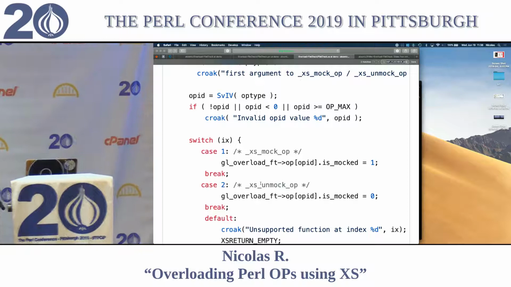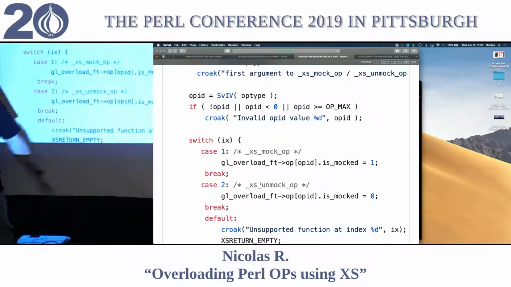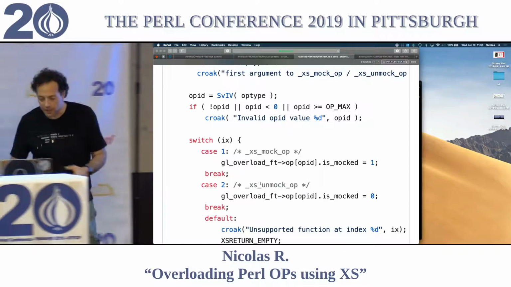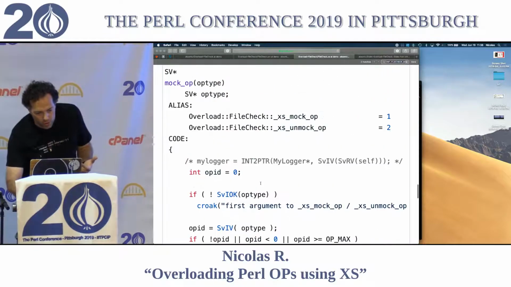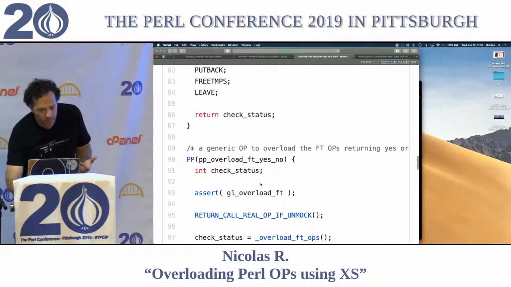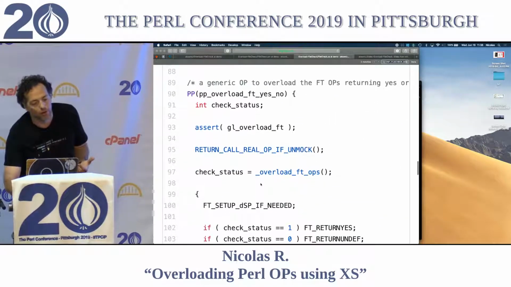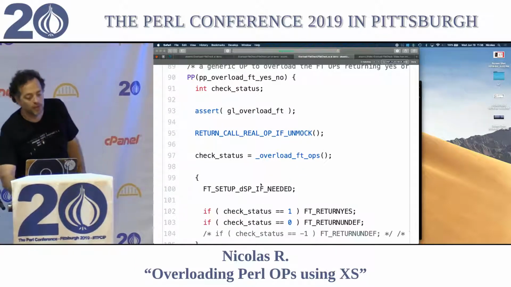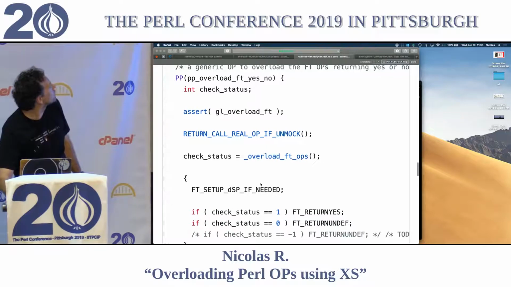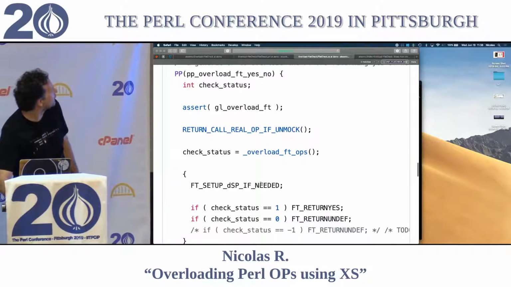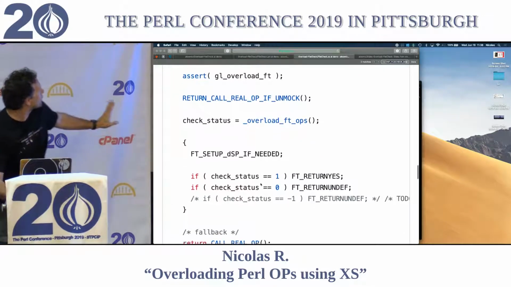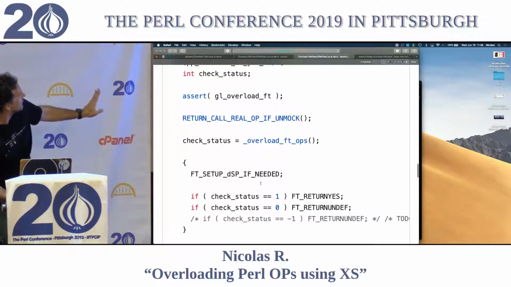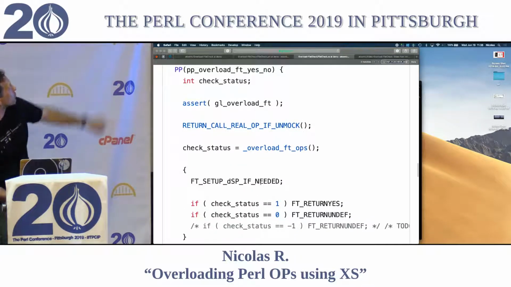So is it mocked, yes or no? What's cool is later, when we are going to call that, we are going to trigger our custom op in one way, which is defined just there. It's very simple to read, only a few lines, just one more line than what we can read on the slide there.